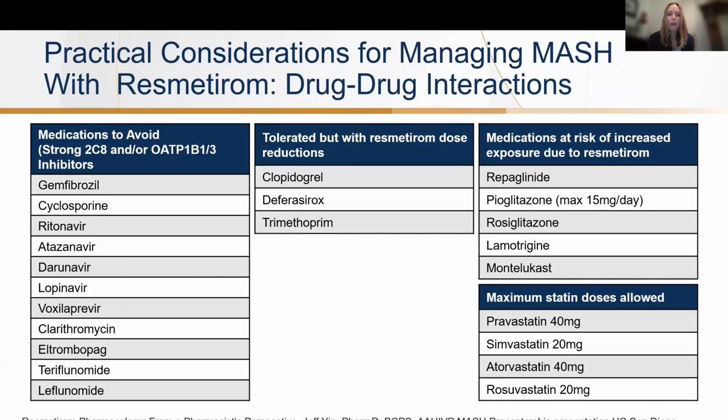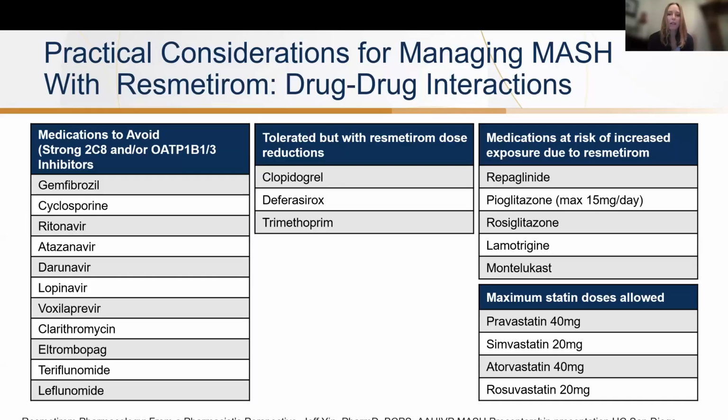And in the middle, we see the medications that are moderate CYP2C8 inhibitors. These are like clopidogrel. So if you do have patients on Plavix or clopidogrel, there is a lower resmetirom dose that's available. There's a 60 milligram dose for those patients.